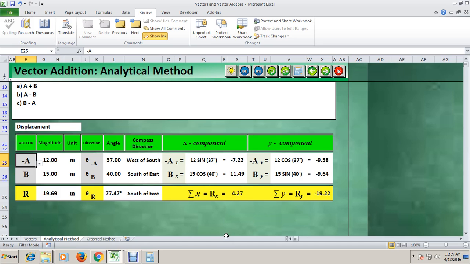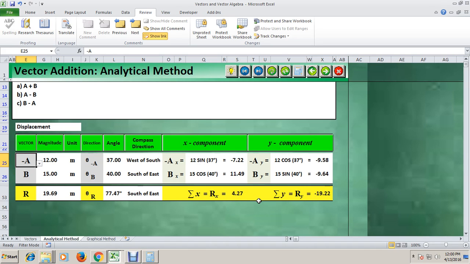And try to take note, since the location of the 37-degree angle of the vector A is on the first quadrant, the corresponding components are both positive. Reversing the direction to its negative sense also reverses the signs assigned to each of the components. So this becomes negative, this becomes negative. Now try to take note that this changes the value.